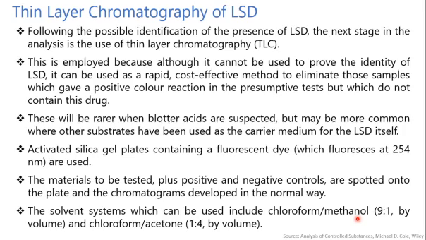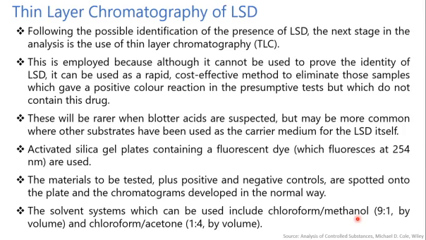Following the possible identification of the presence of LSD, the next stage in the analysis is to use thin layer chromatography. This is employed because although it cannot be used to prove the identity of the LSD, it can be used as a rapid, cost-effective method to eliminate those samples which give a positive color reaction in the presumptive testing but which do not contain LSD.